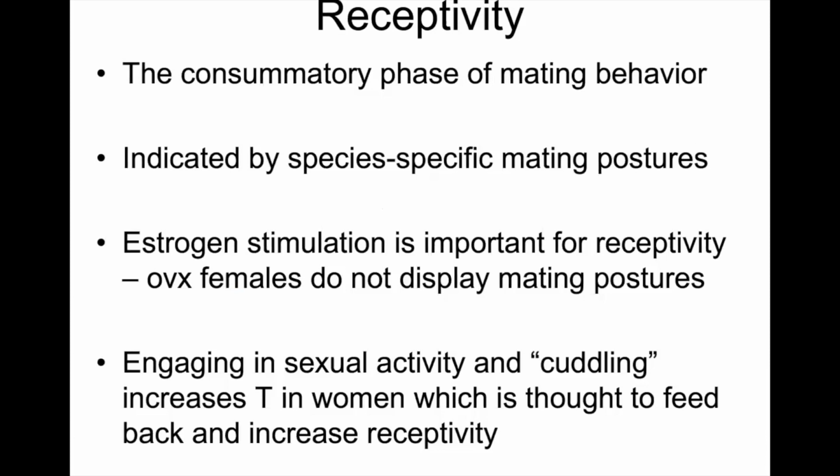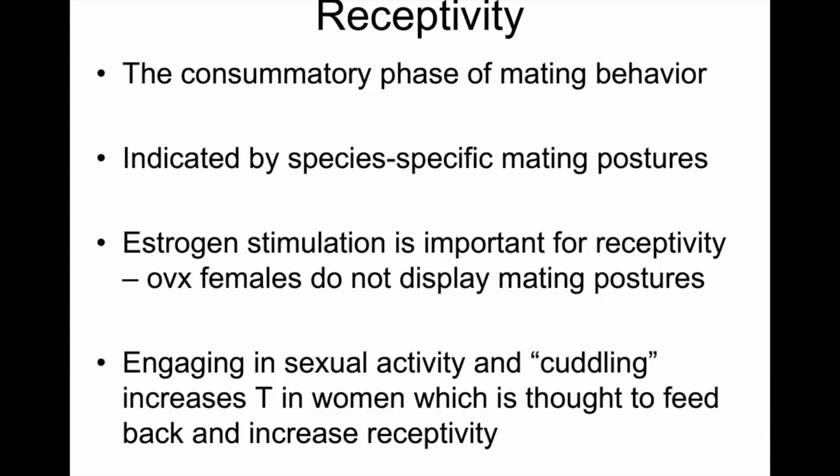Then we have receptivity, the consummatory phase of mating behavior. This does involve some species-specific mating postures, a little harder to study in animals, but we do so by measuring changes in postures or posturing of the animal itself.